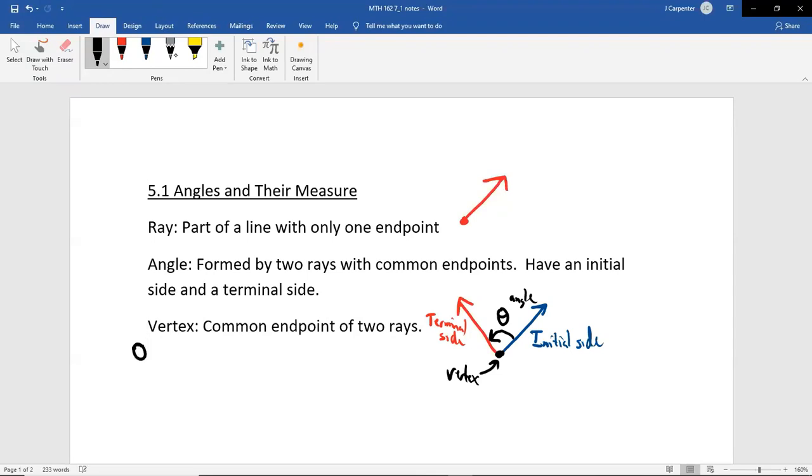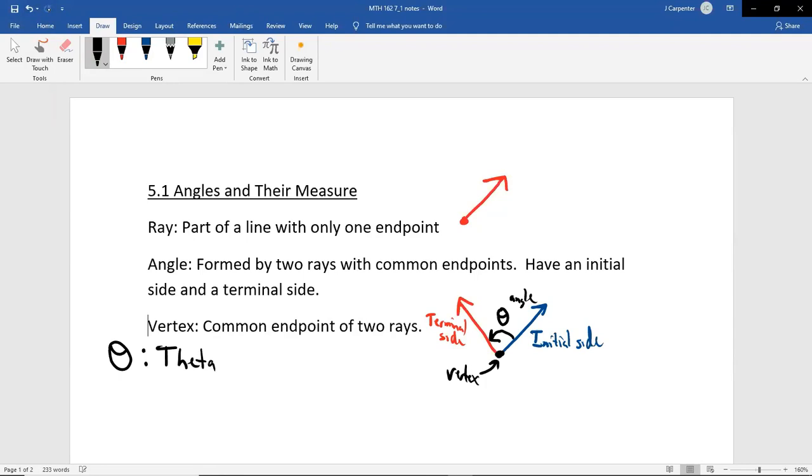So again, it looks like a zero, but with this kind of curly part in the middle of it. Let me draw it a little bigger. There we go. Some people will have it kind of extended past that. It's got all sorts of different variations, but that is theta.